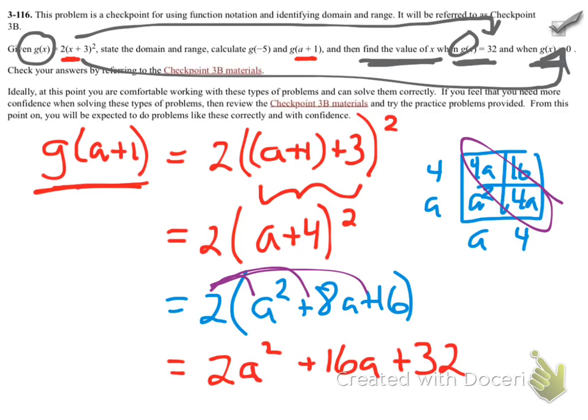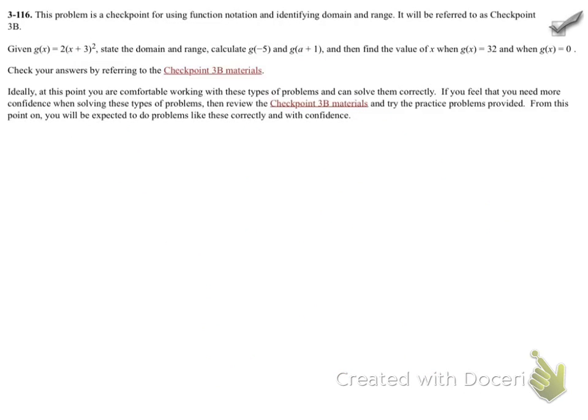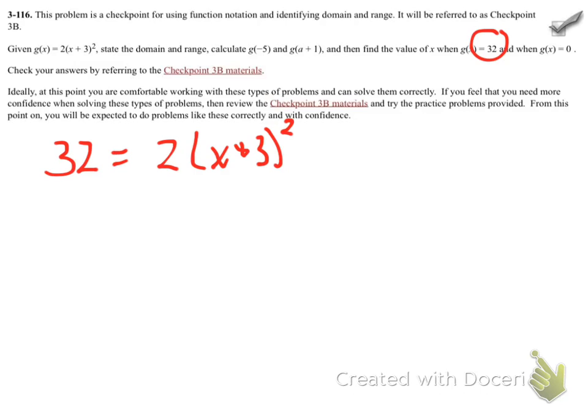So again, let me clear the screen. So I have 32 equals my function, 2 times x plus 3 squared. Now I am solving for this x value.